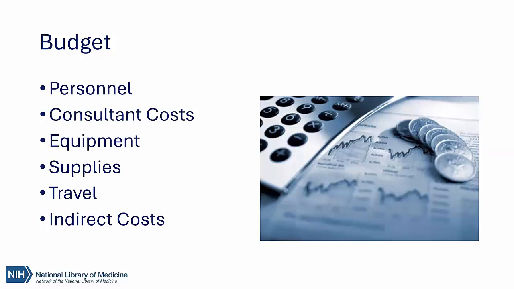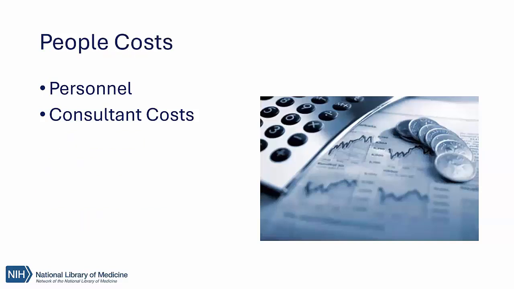And then when you're writing your budget, you want to be thorough. You want to create a table with line items. This is what we need. This is how much it costs. For personnel, which we've just mentioned a little bit, we will want to know the number of hours dedicated to the project and the cost per hour for each person.